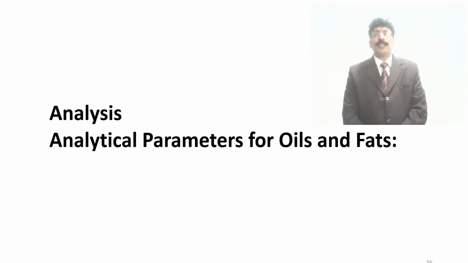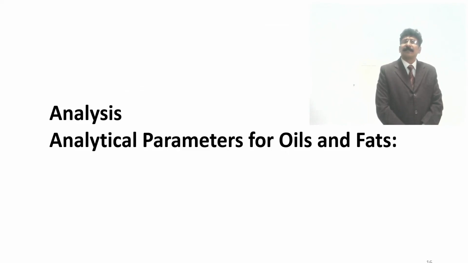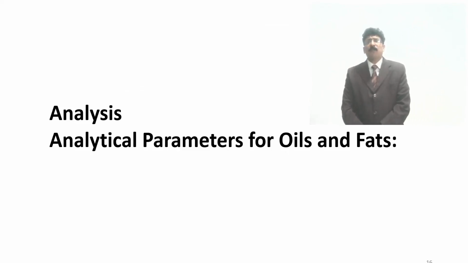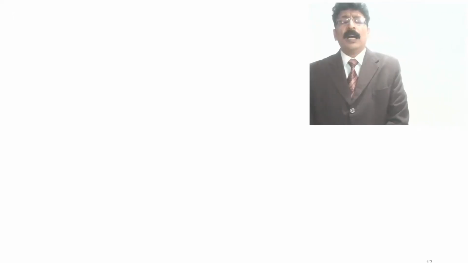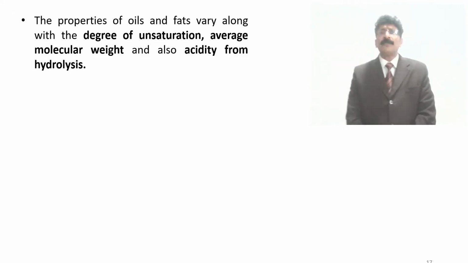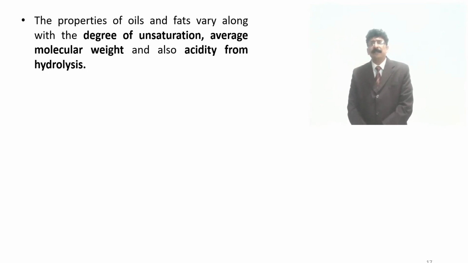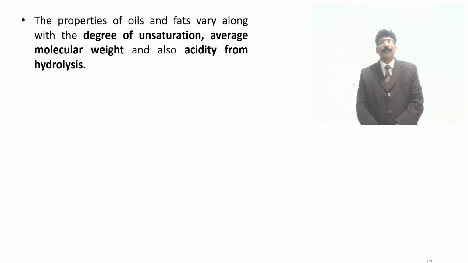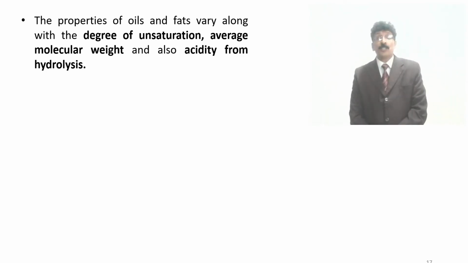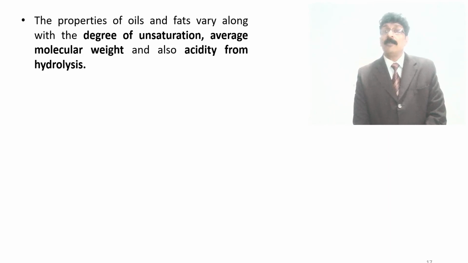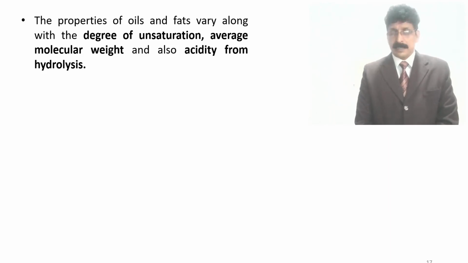So you can see here, now we are going to see about the analytical parameters of oils and fats. In this, the properties of oils and fats vary along with the degree of unsaturation, average molecular weight, and also acidity from hydrolysis.